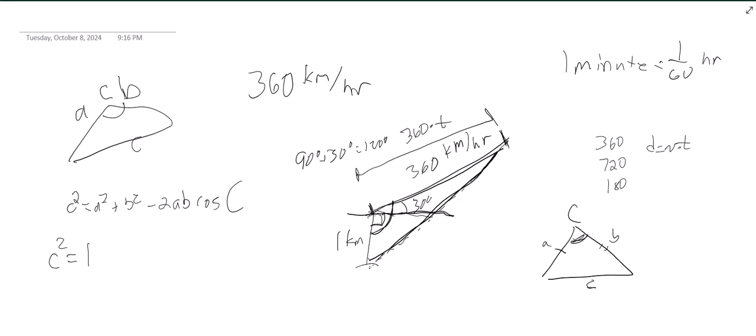So c squared equals 1 squared plus the other side, 360t, squared, minus 2 times 1 times 360t times the cosine of the angle between those two, which we said was 120.